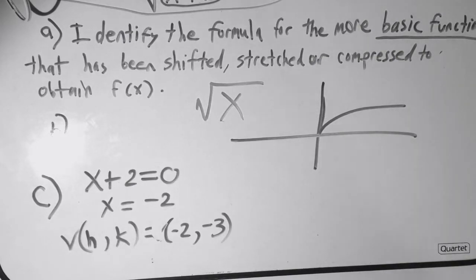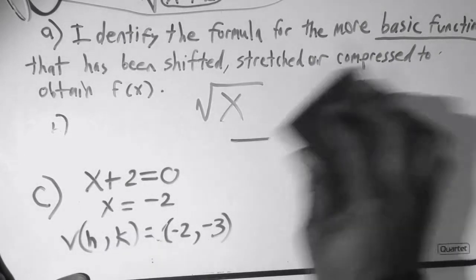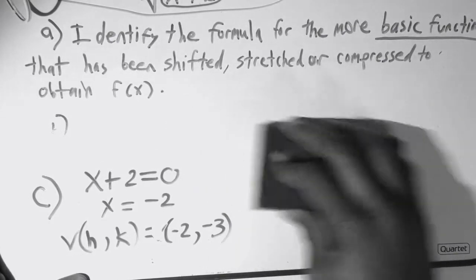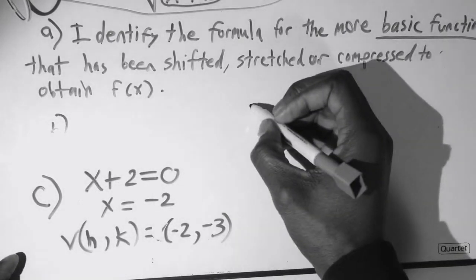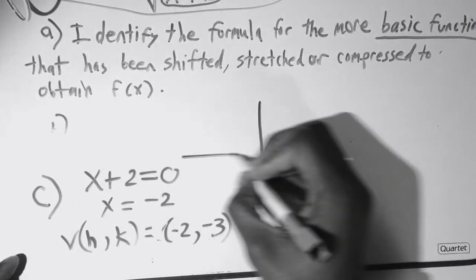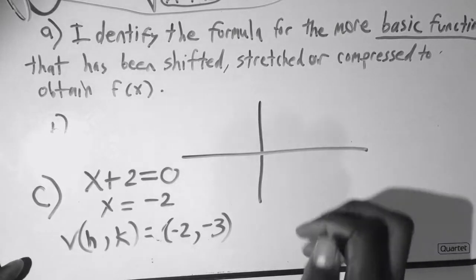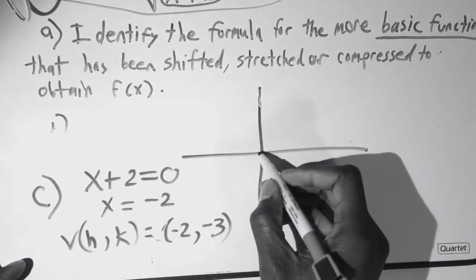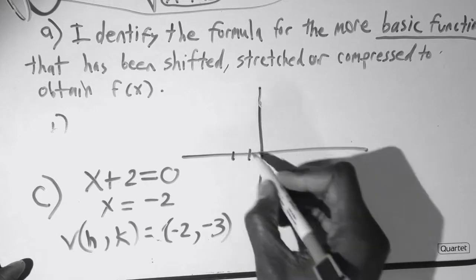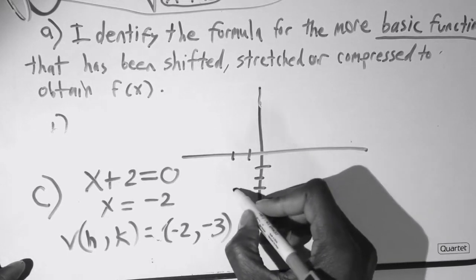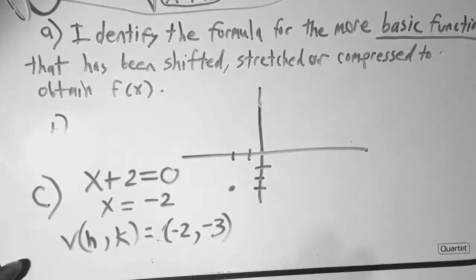So let's draw that on the graph to find out where it's been shifted. So I'm going to erase this for more space. Let's start here. Okay, it starts 1, 2, and then 1, 2, 3. So it starts here.